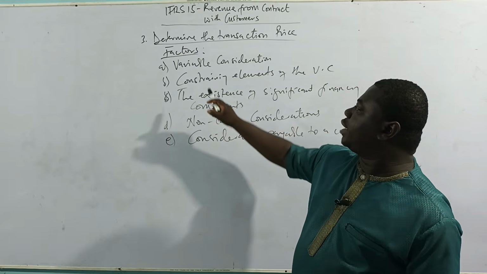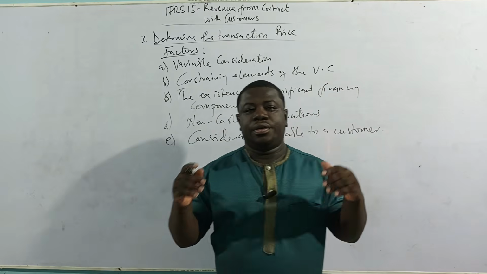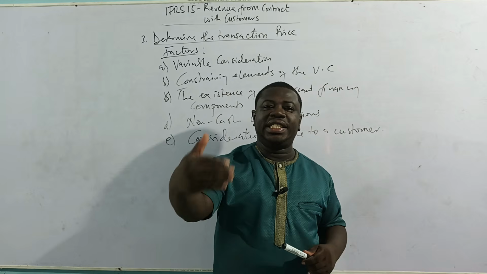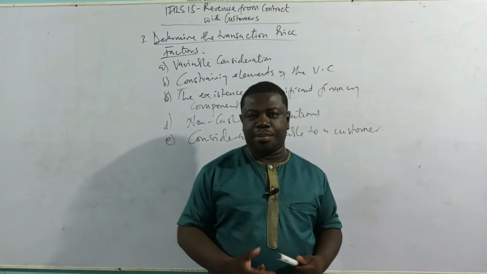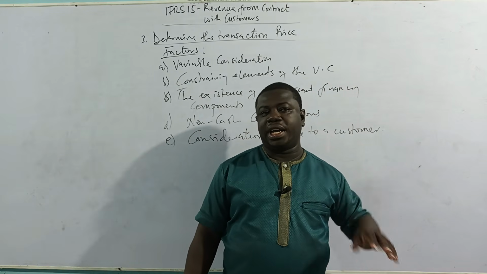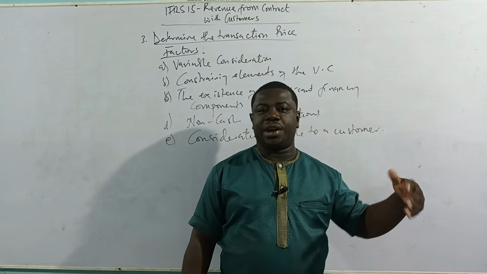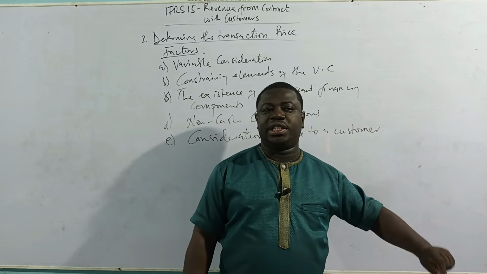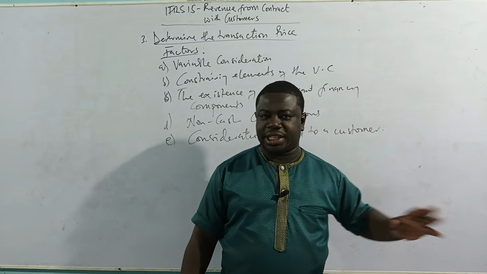The first one is that we consider the variable consideration. Now, what is the meaning of a variable consideration? Variable consideration may occur when there are conditions attached to the contract that may change the value. For example, if you are selling goods to a customer and there is a return policy where the customer can return any portions of the goods that look faulty within the first 6 months of the delivery.